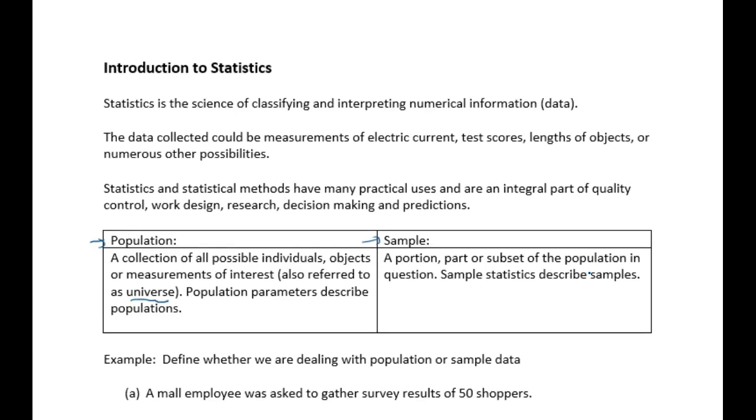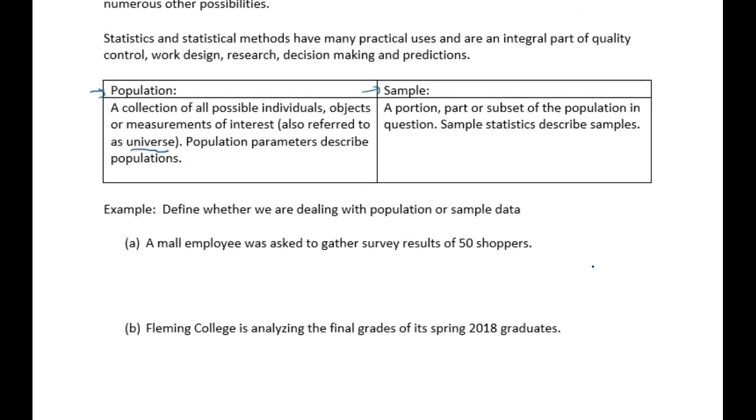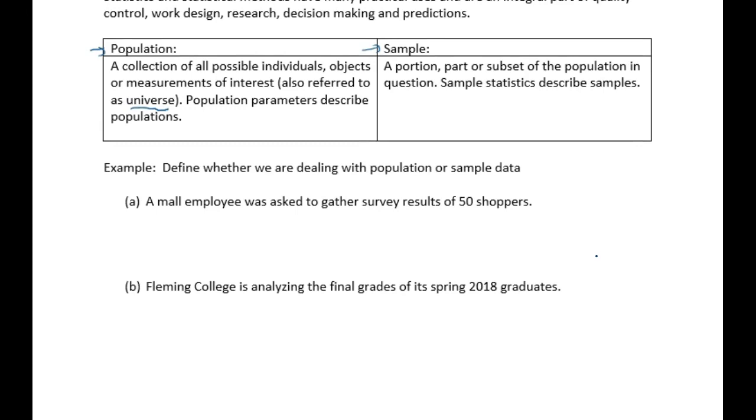So let's take a moment and do an example of whether we classify something as a population or whether we would classify it as a sample. Here's our first example. A mall employee was asked to gather survey results of 50 shoppers. When we take a look at this, our data really is looking at 50 shoppers.